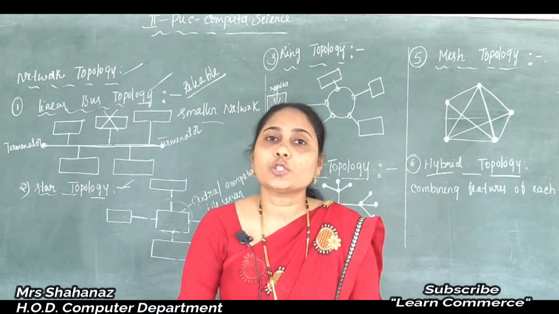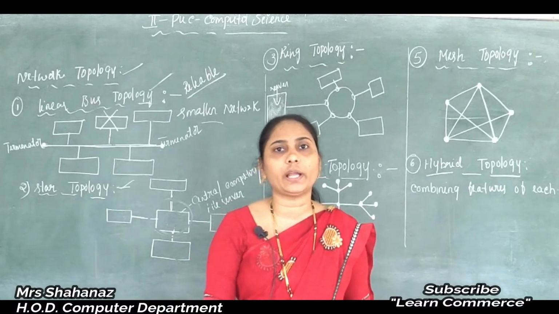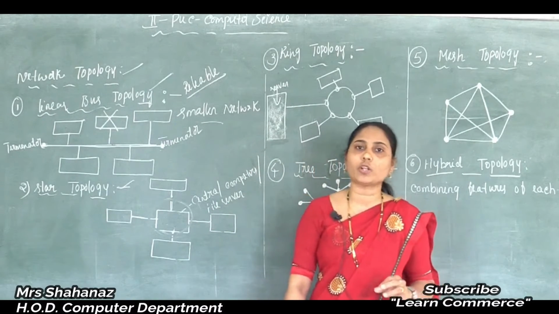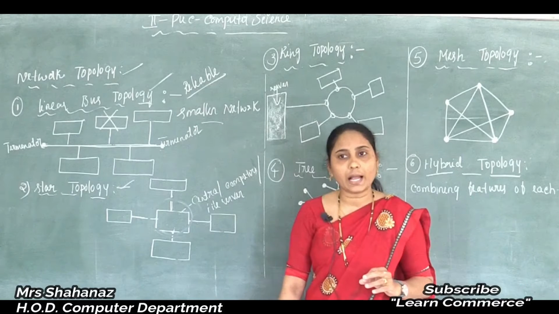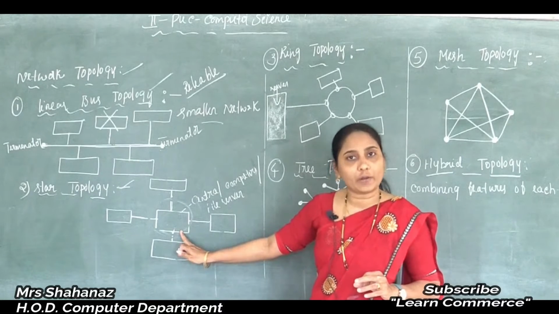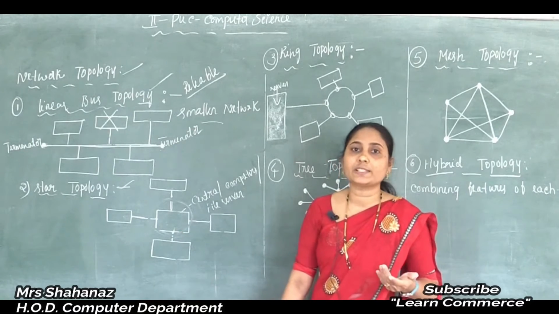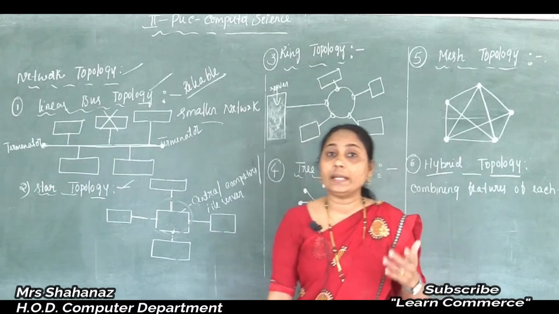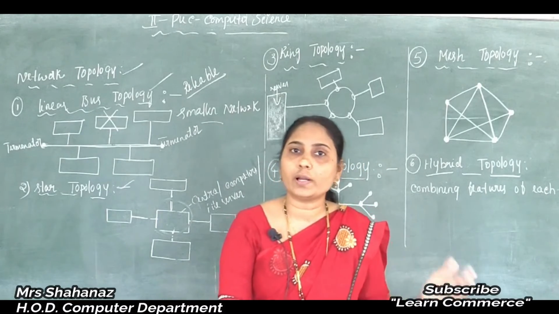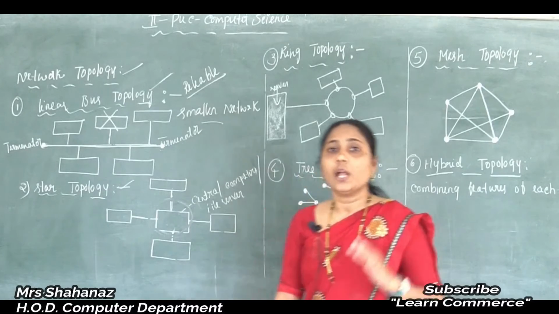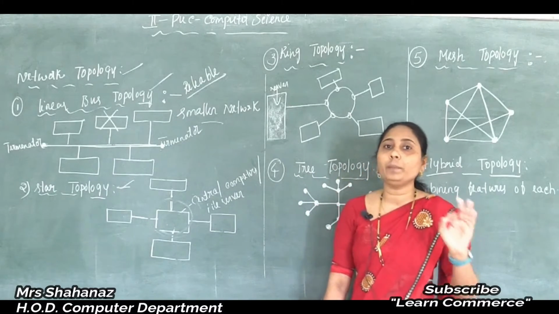One advantage of our star network or star topology is that it has minimum data traffic. That means there is no traffic when data is accessed from one computer to another. Why is it called minimum data traffic?